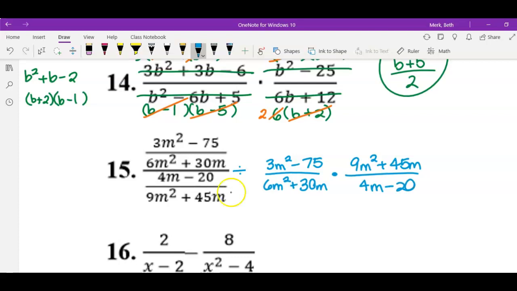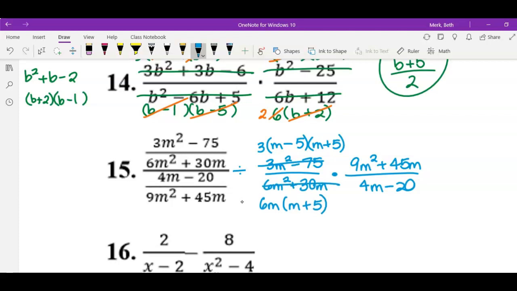And now we want to factor as much as possible. 3 leaves behind m squared minus 25, but I know that's a difference of squares. So I'm going to change it right away to m minus 5 times m plus 5. Down here I can factor out a 6 and an m, leaving behind an m plus 5.